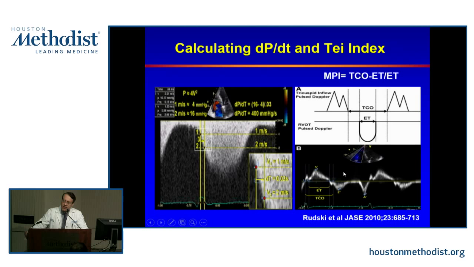One of the critiques that you can tell for this index is it is not only a measurement of isovolumic contraction and ejection time. These are events that take place in systole, but also isovolumic relaxation time.